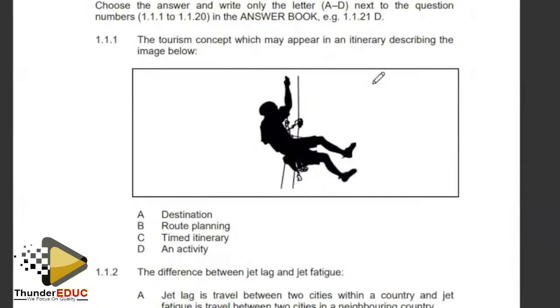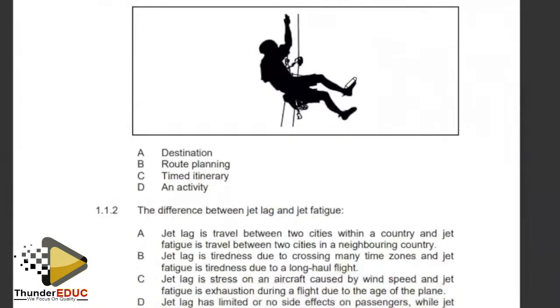So let's go to the first question, 1.1.1. The tourism concept which appears in an itinerary describing the image below. In other words, they are asking for your own interpretation of the image below. What concept is represented in the image below?